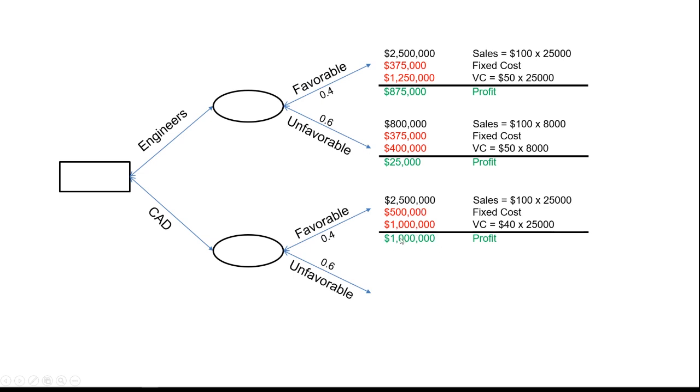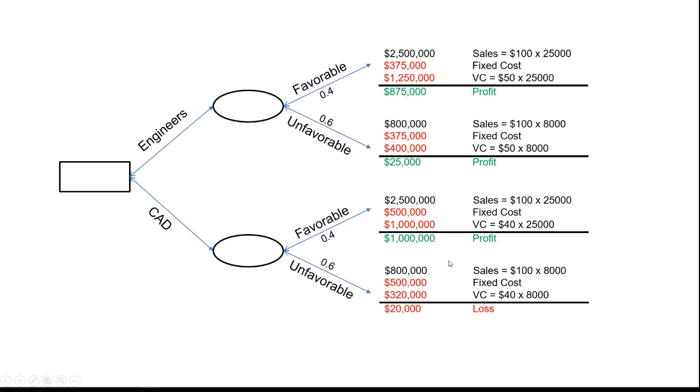Now, what if the market reacts unfavorably? In that case, we end up with sales of 800,000, a fixed cost of 500,000, and a variable cost of 40 times 8,000, which is 320,000. If you do the arithmetic here, you end up with a loss of 20,000.